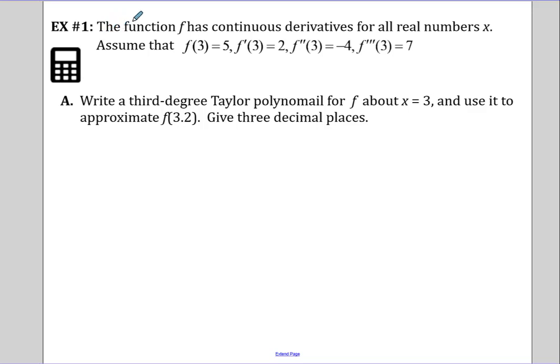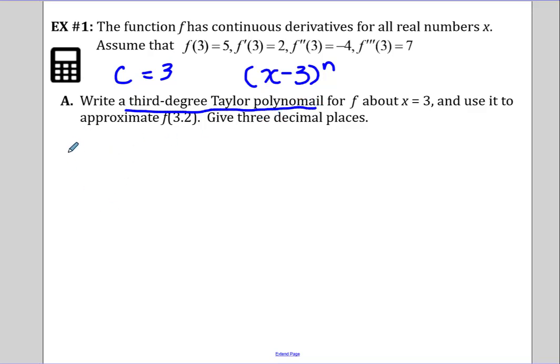So let's give a few of these a try. If the function f has continuous derivatives for all real numbers x, we want to assume these given facts. And you can tell by looking at the given that our c value is 3. So our expression is going to be x minus 3 to some power as we create a third degree Taylor polynomial.